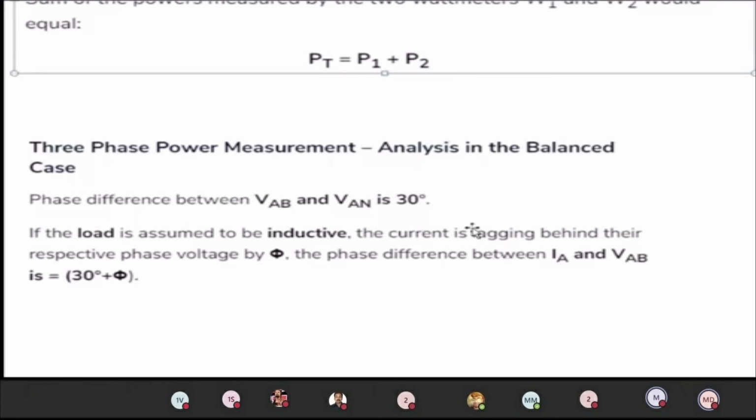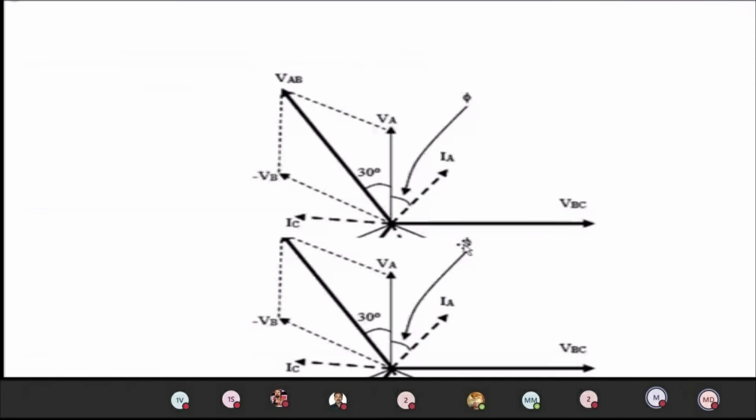This is quite natural in an inductive circuit. In an inductive circuit, the current always lags the voltage by an angle phi. Hence we can take the phase difference as 30 plus phi between voltage and current. If it is given as inductive, there will be a phase difference of 30 plus phi.